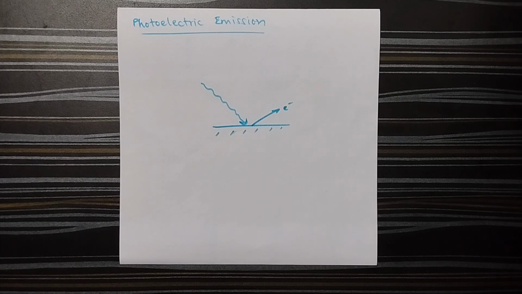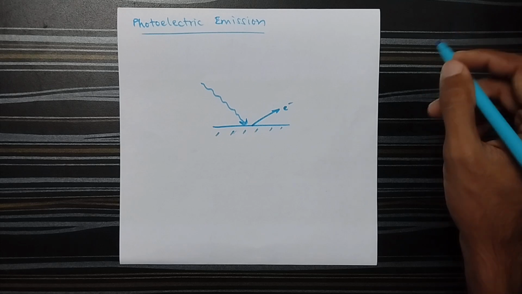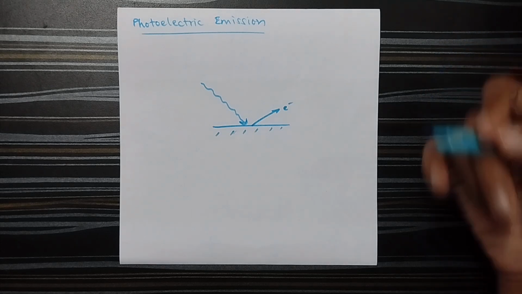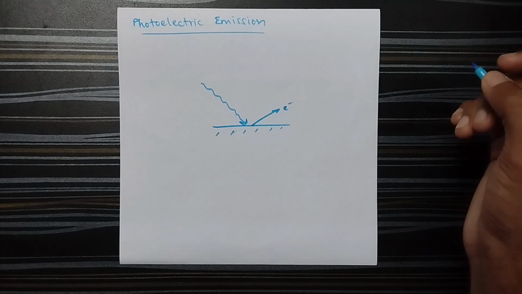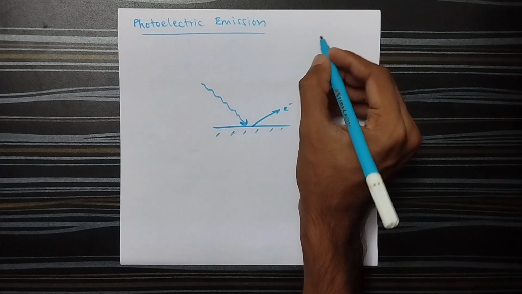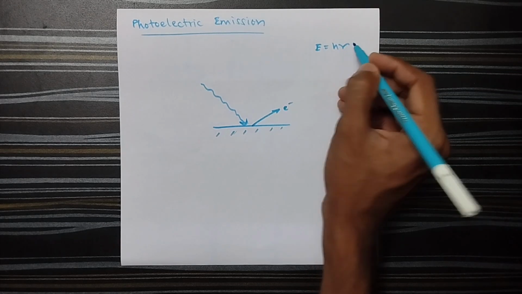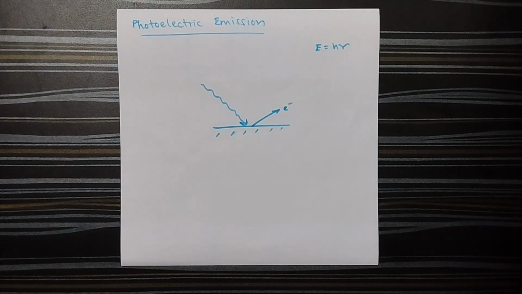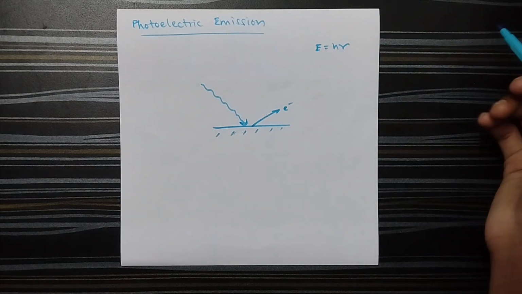So we read in the definition that this light should have a particular frequency, right? So I'll tell you why frequency matters in the case of particles. We have learned by Max Planck's law that energy can be represented as E equals h nu. By the quantization of energy, Max Planck derived this formula, E equals h nu.